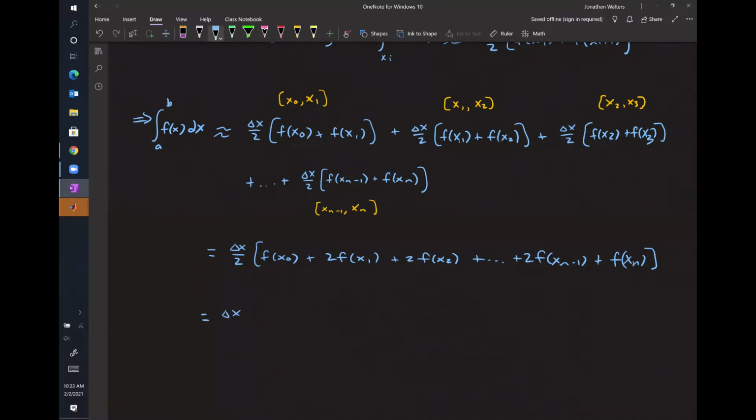For our programming purposes, delta x over 2 times f of x0 plus 2 times the summation i equals 1 to n minus 1 of f of xi plus f of xn. And that's the composite trapezoid rule.